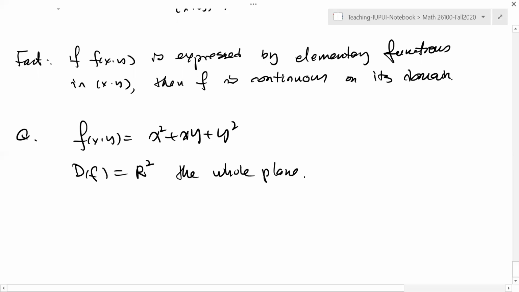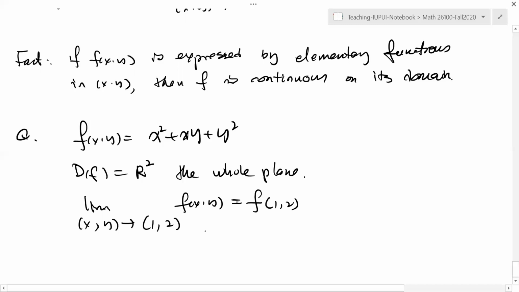Then you can find the limit. Just plug the number in. Let's say (x, y) approaches (1, 2). All you have to do is look at the value. So that's going to be 1 squared plus 1 times 2 plus 2 squared.